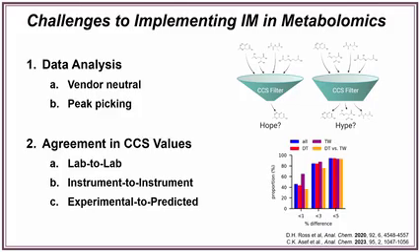And then there's also some variability between experimental CCS values and predicted CCS values that we'll talk about. So it's important to know, when you're trying to look at your data and match it to something that's in a paper from someone else's group or in a database, what are the reasonable limits or thresholds that you should consider for assigning something as an actual mass using the CCS value.